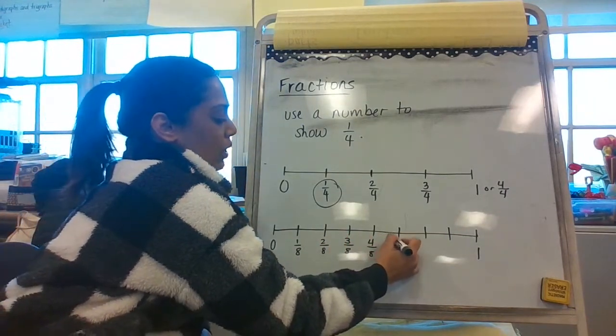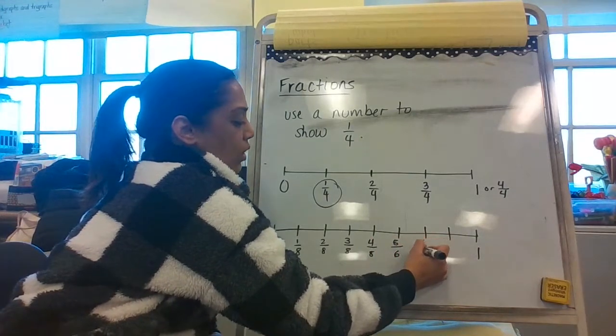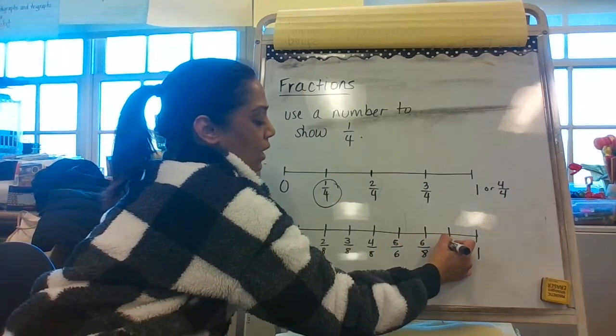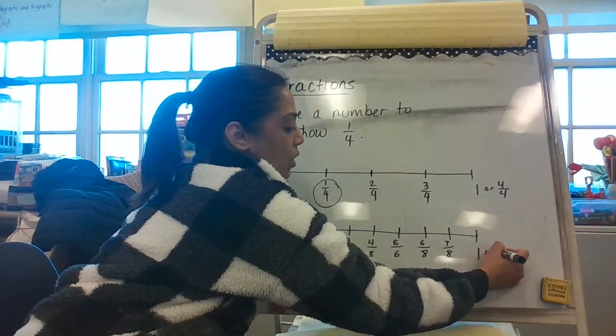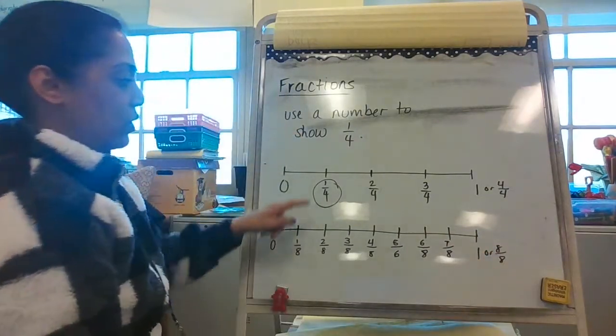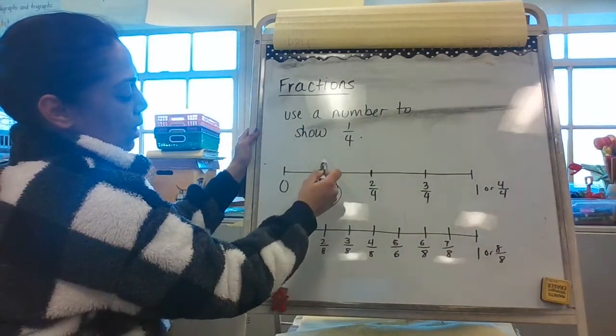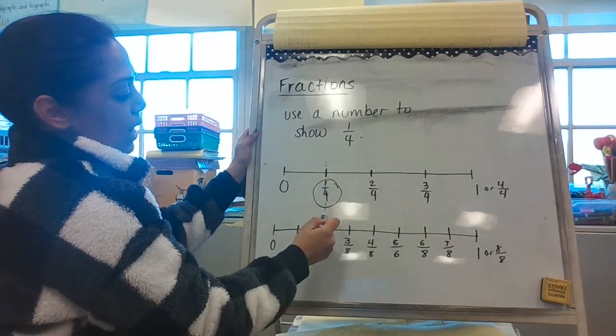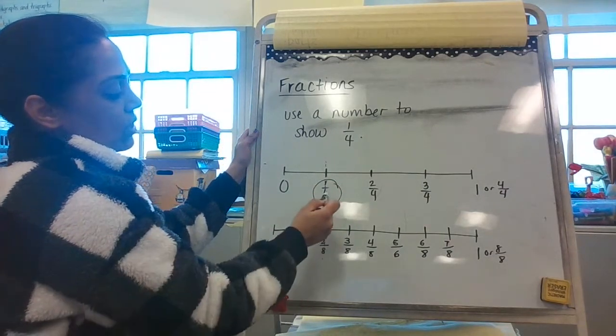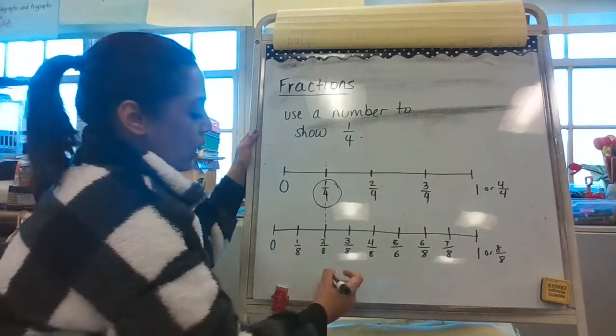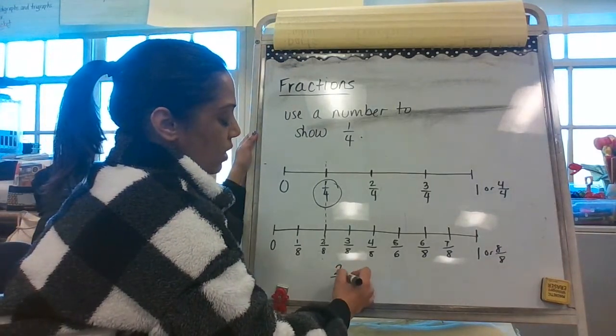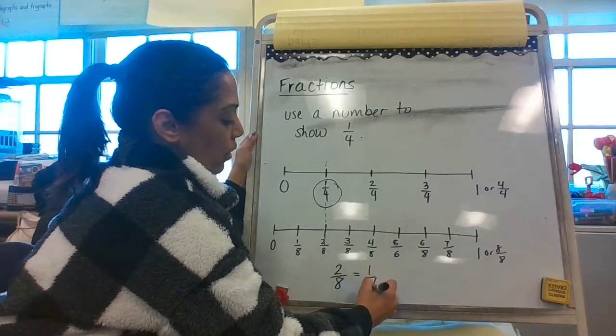And we also looked at how we can find equivalent fractions using number lines, right? So over here, if I was to go down, I can see that 2/8 is the same thing as 1/4. So I can write that here. I can say 2/8 equals 1/4.